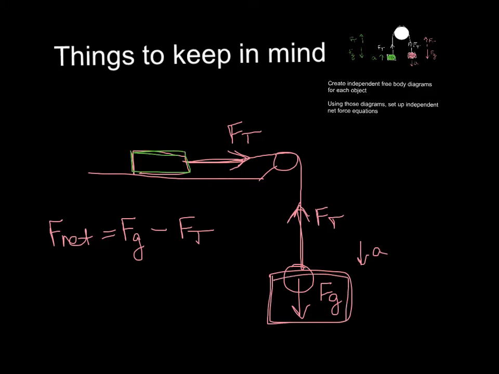For this mass here, if this is frictionless, the net force is the tension force, because that's the only force acting on it. So this has a mass times acceleration equal to the tension force. So once we know that acceleration, we know the tension force, or once we know the tension force, we can find the acceleration.